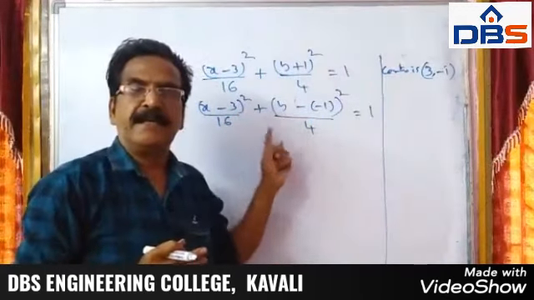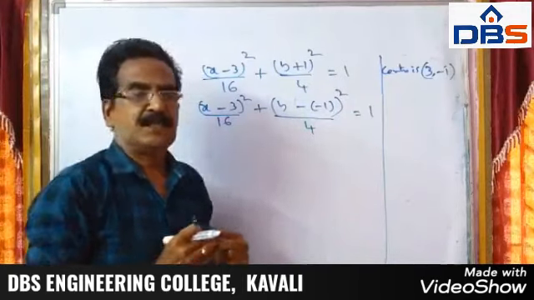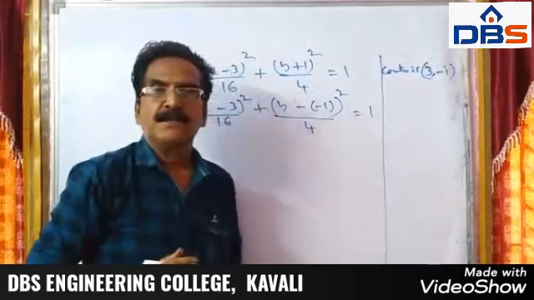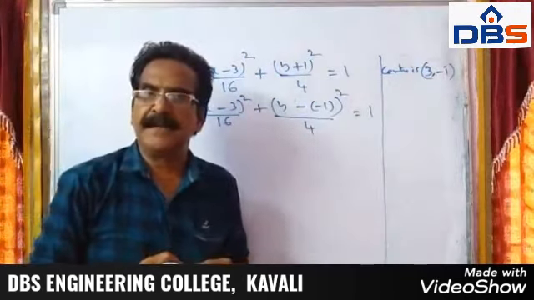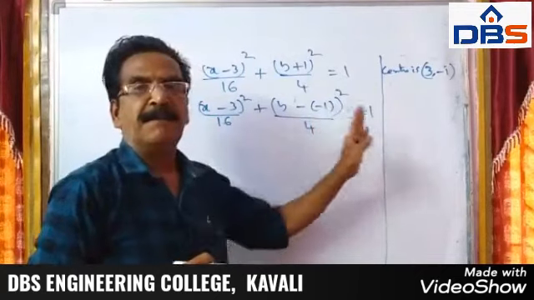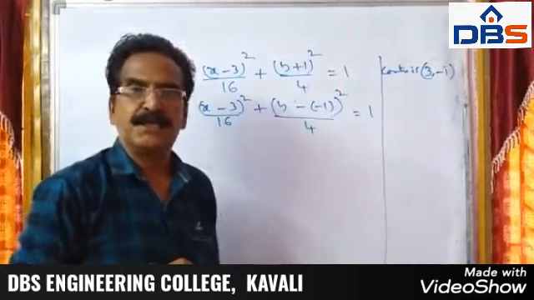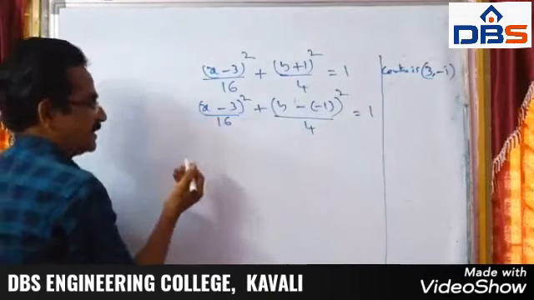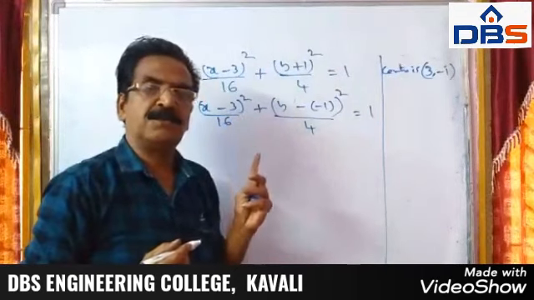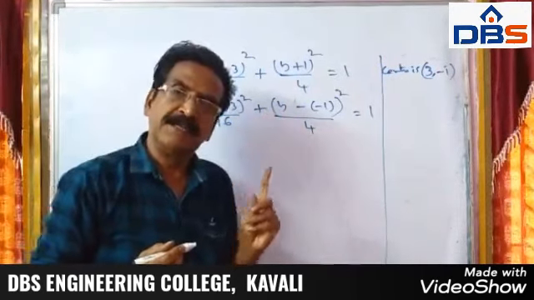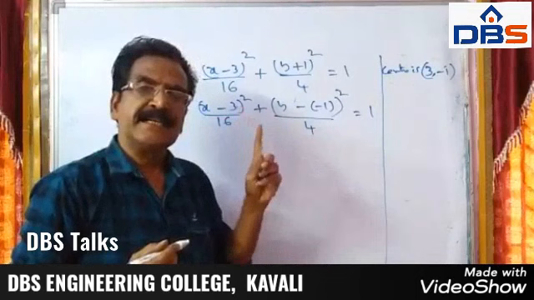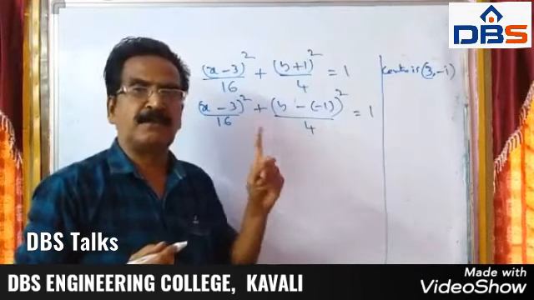Here a is greater than b, so for this type of ellipse, the endpoints are minus a, 0 and a, 0. So let us find the vertices. See friends, minus a comma 0 and a comma 0 are the vertices of the major axis in case of x square by a square plus y square by b square is equal to 1.